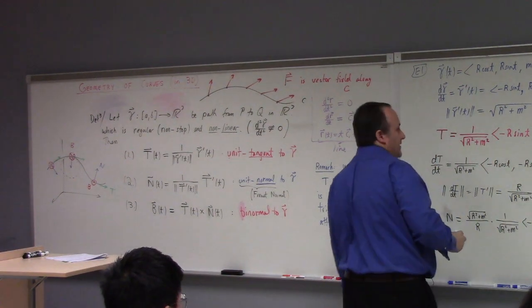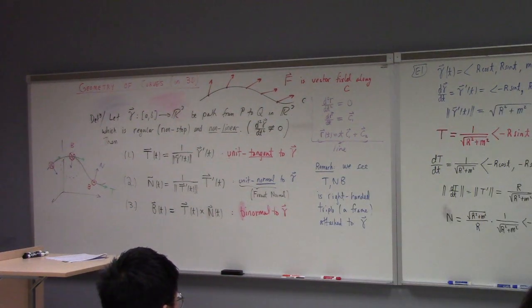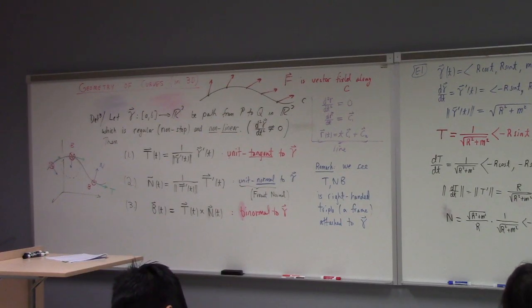In other words, we've just calculated that the normal vector field is straight up what? It's simply minus cosine t, minus sine t, 0.